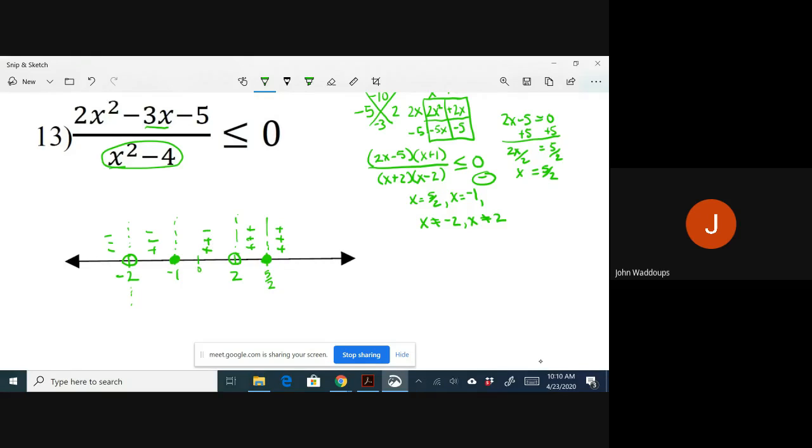To the left of 5 halves, we'd have negative, negative, negative, negative, and then positive to the right. And let's go through each of these segments. Clear over to the left, an even number of negatives, 4 negatives, would be positive. 3 negatives would be negative. 2 negatives would be positive. 1 negative would be negative. And all positives would be positive.